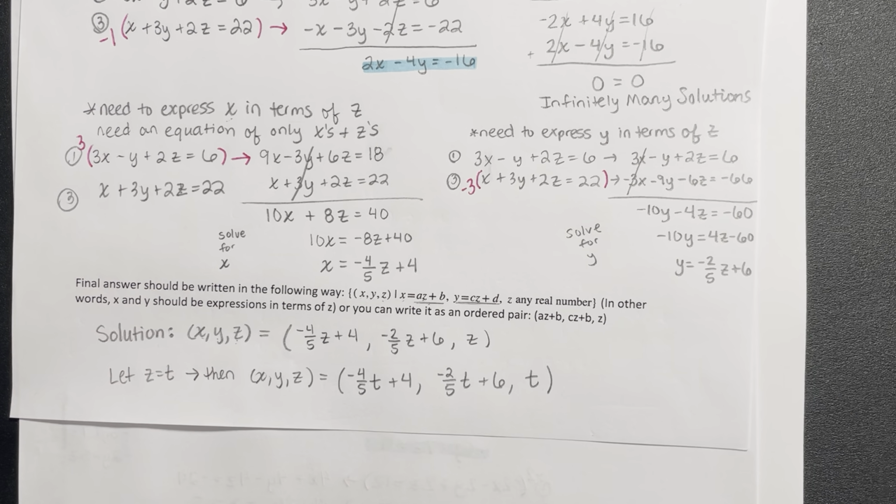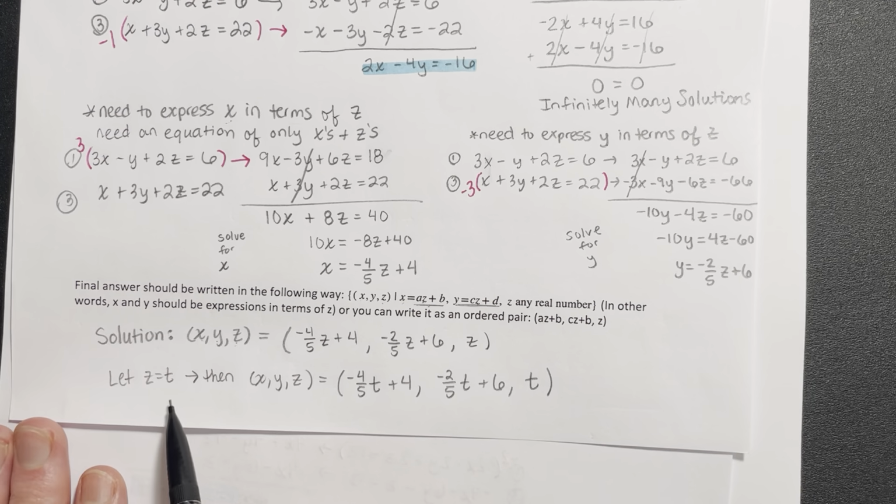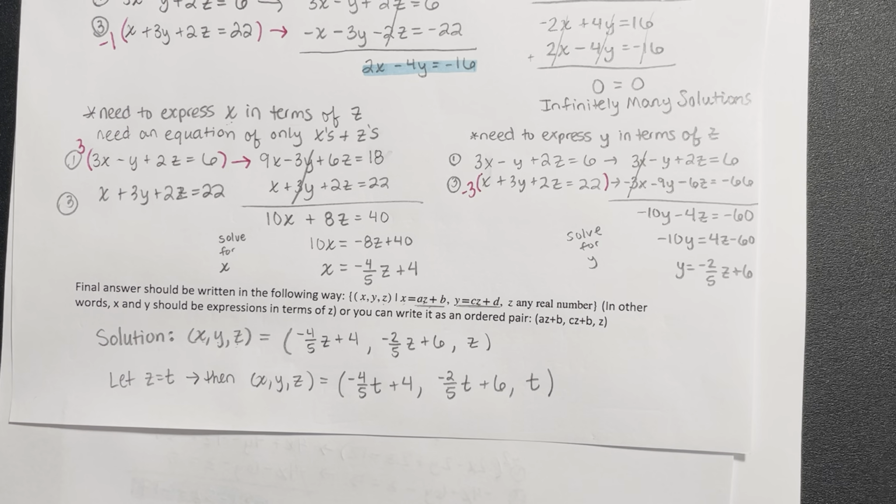So everything has been written in terms of this t, and we are stating already that z is equal to t. It's a little bit different, but that is something that you might run into when you see this on WebAssign, so I wanted you to be aware of that.